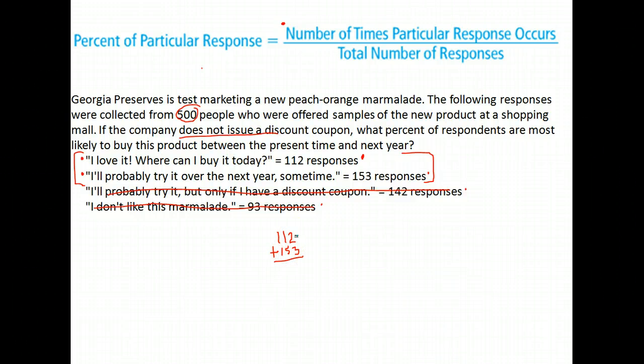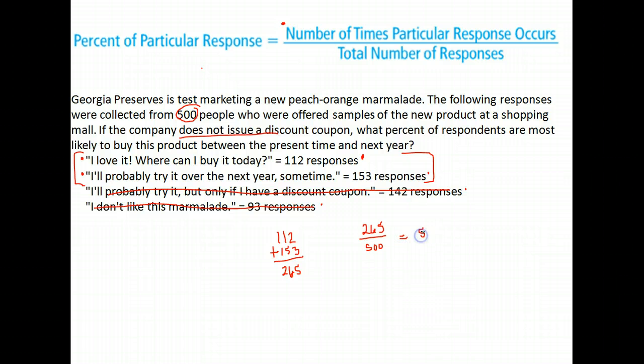And then we had 153 who thought it was fine and think they'll probably buy it in the next year. That's a total of 265 people that fit our scenario here. The people that would buy it in the next year without a coupon. So that gives us 265 out of the 500 total who were asked.